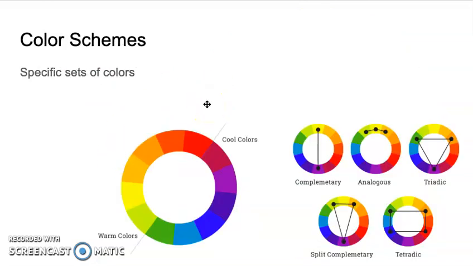And these are different sets of colors, often based around how they fall on the color wheel. So these are a similar representation of a color wheel with some different color schemes pointed out. You'll see where it says warm and cool colors, complementary, analogous, triadic, split complementary, and tetradic. And we'll be going over these today.